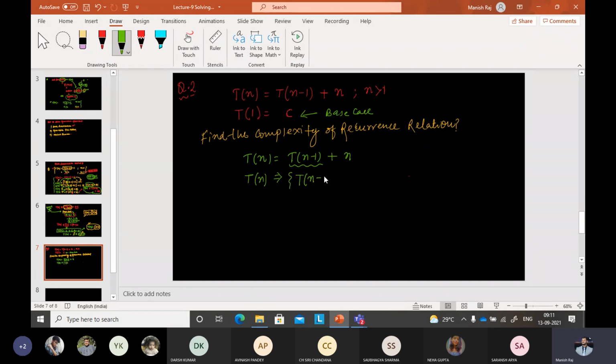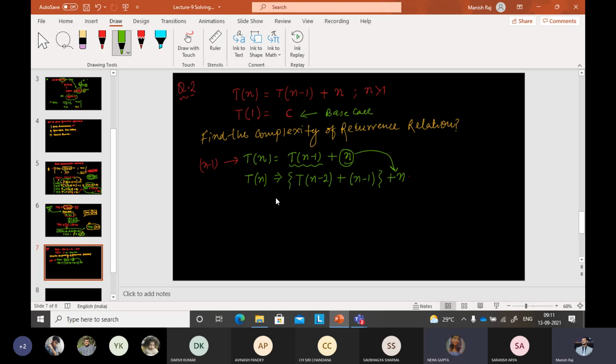If I put n-1 here for understanding, the value will be Tn-2 plus n, but instead of n here you will write n-1, and this n will remain the same. This n will come here because you are putting n-1. Is it okay?